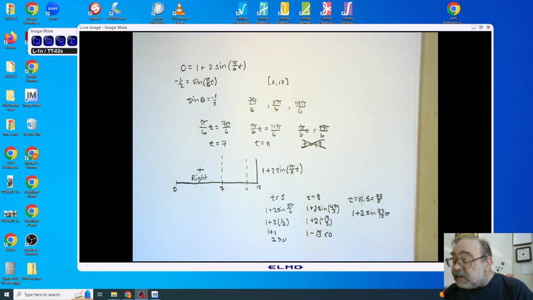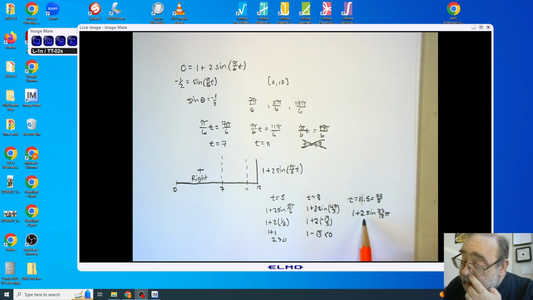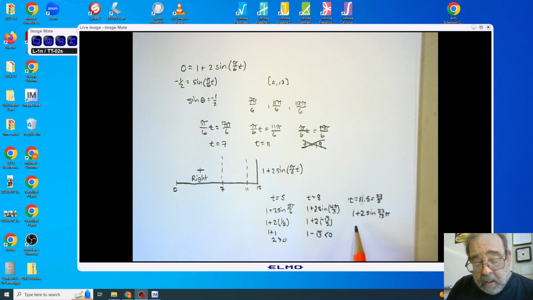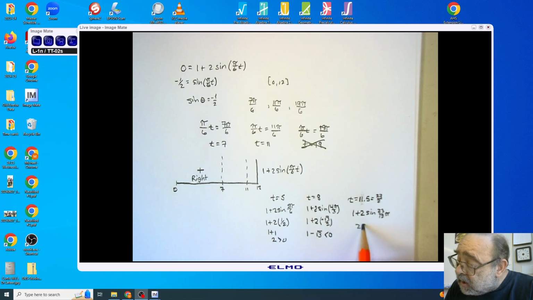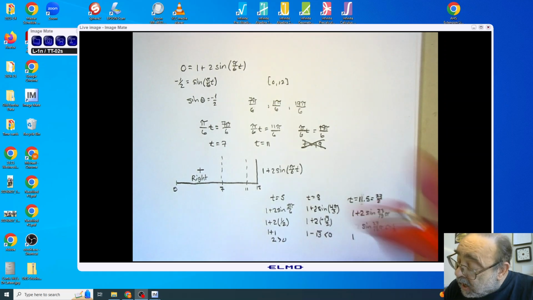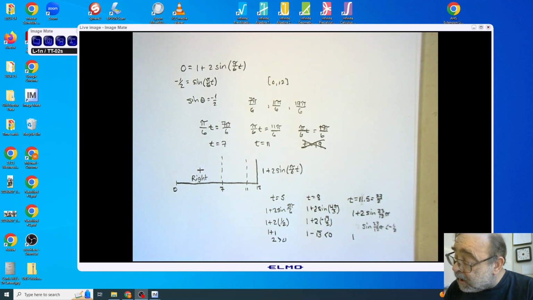It isn't equal to 0. I don't have to worry about that, and being a negative value means that it's going to be ultimately less than negative 1/2. So if sine of 23 twelfths pi is less than negative 1/2, then I know that I'm looking at 1 minus something that is less than 1.